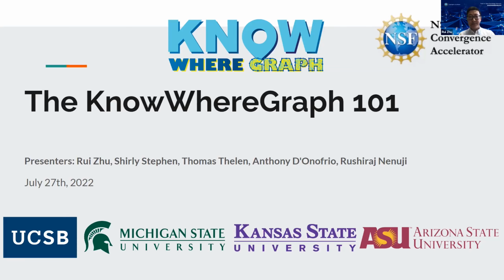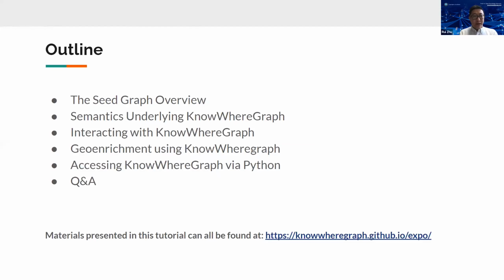Next slide, please. Here is an outline of what you can expect from today's 101 session. First, I'm going to give you an overview of our seed graph, which is really the backbone of all the tools that will be introduced later. After that, my colleague Charlie will introduce the semantics underlying the KnowWhereGraph, meaning the ontologies developed in our project.